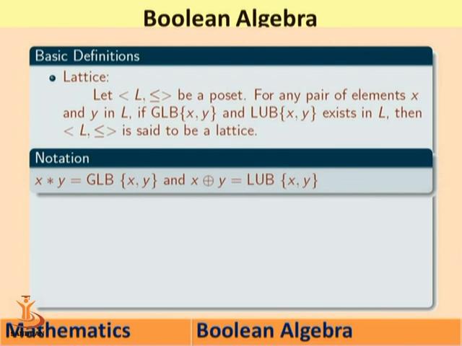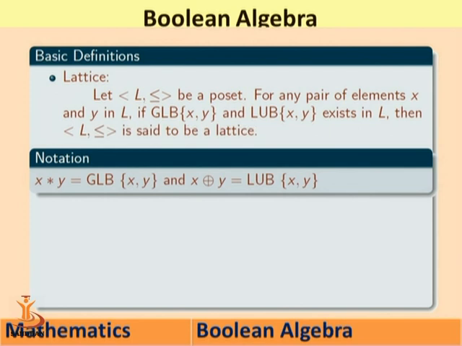Now with these notations, star and ring sum, we have some properties. Star is commutative, that means for two elements X and Y, X star Y is the same as Y star X. Similarly for ring sum, X ring sum Y is the same as Y ring sum X. So star and ring sum are commutative operators. Similarly, star and ring sum are associative. Associative means X star (Y star Z) equals (X star Y) star Z, and the same holds for ring sum.